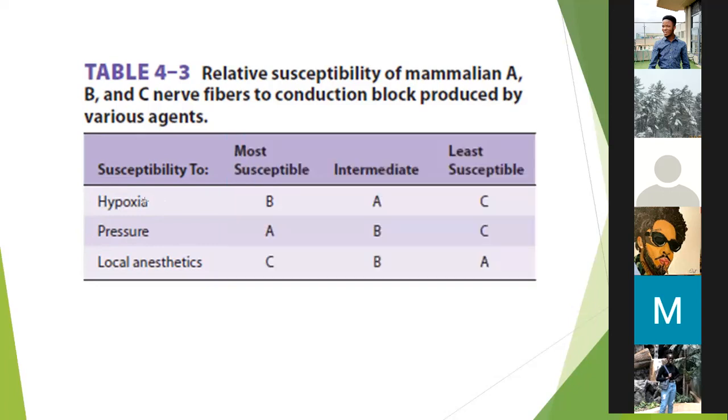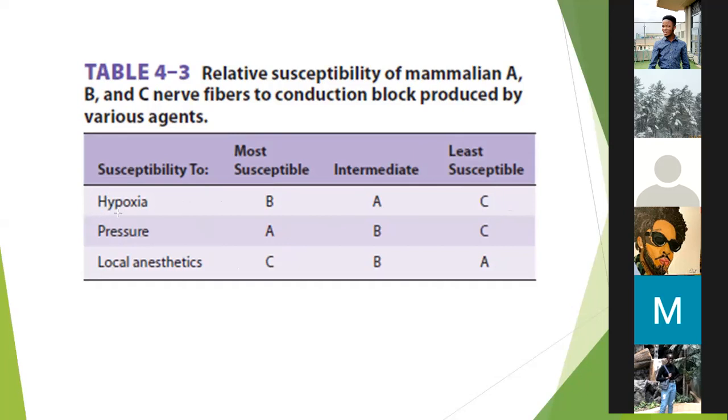So if you look at hypoxia, the B fibers are the most susceptible, whereas the C fibers are the least susceptible. Okay? Sorry, it is the other way around: B fibers most susceptible and C fibers least susceptible.